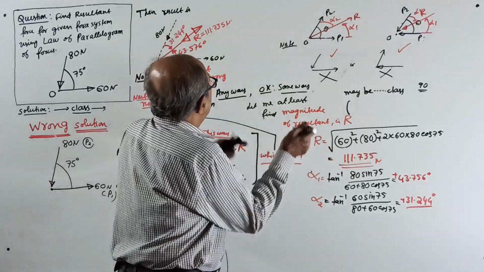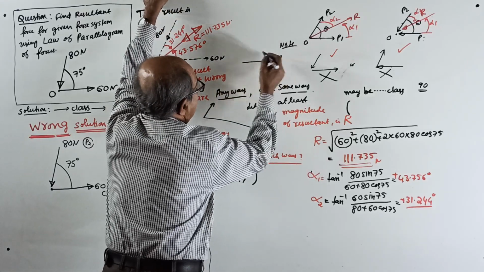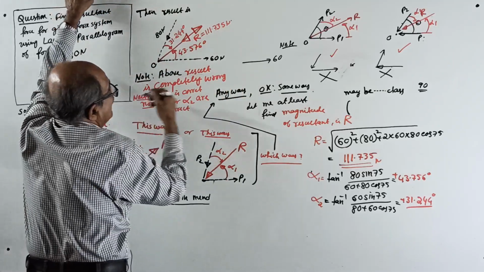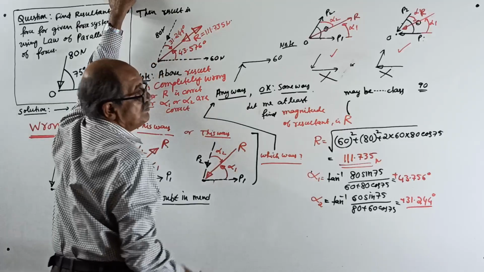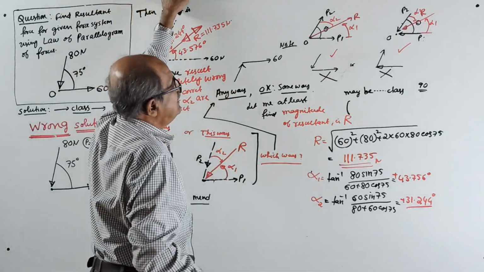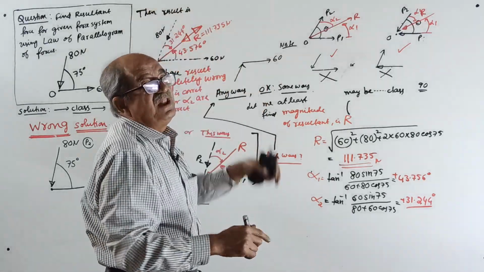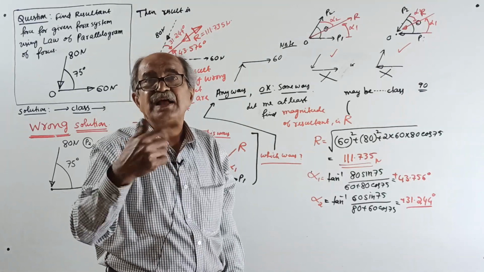My answer for them: okay, what you said is correct. But remember, if one force is this way, 60, and the other force 80 is incoming here, suppose it is this way, then if you apply this formula you will not get 111, you will get much lesser. Your resultant will come much lesser than the actual.